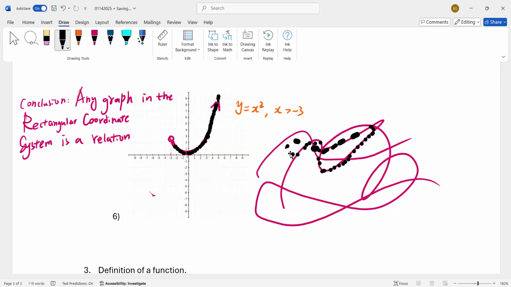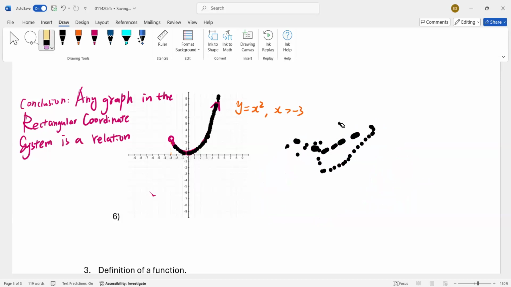So the graph is a collection of ordered number pairs. Graphically, they are a collection of points. Algebraically, they are a collection of ordered number pairs. And we know relation is anything that can be written as a set of ordered number pairs. So that's the reason. Any graph in the rectangular coordinate system is a relation.